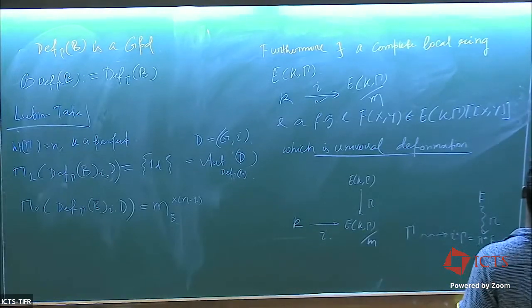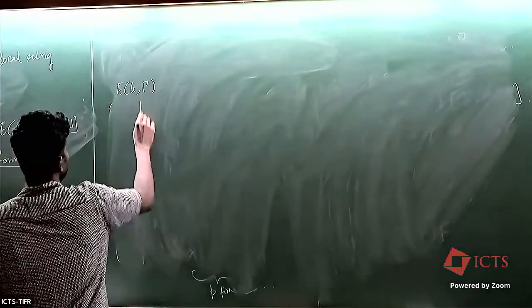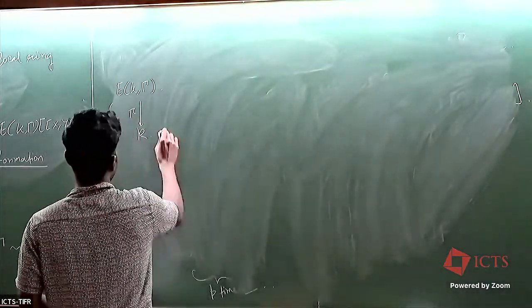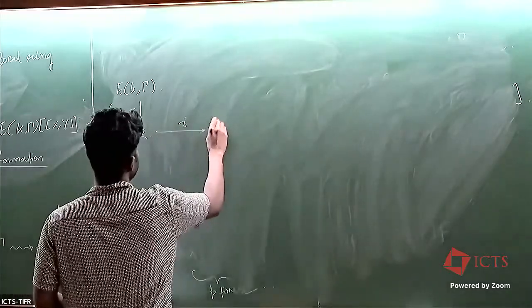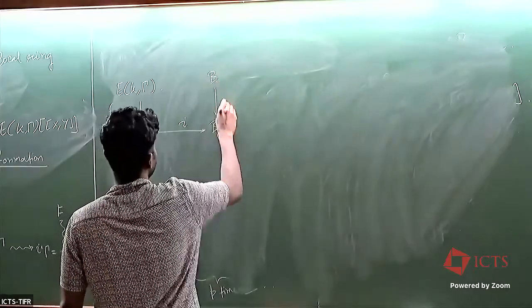So let us look at this diagram. E(K, gamma), pi to K, and then you have a map I to B mod M, and then you have B to pi.